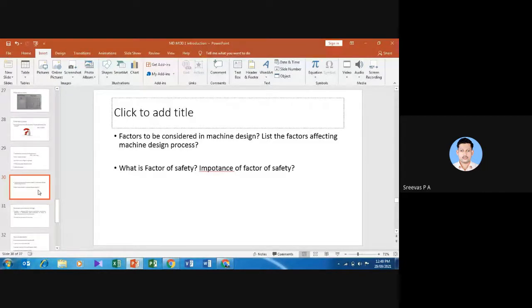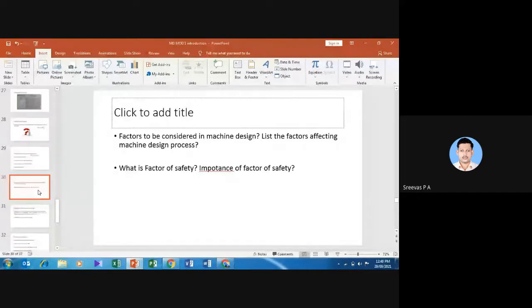The most important, strength consideration will be there, right? Strength consideration, as well as type of loading should be there. Which are the loadings, which are the stresses that are induced. Those things we have to consider. Environmental condition should be there. Based on environment.